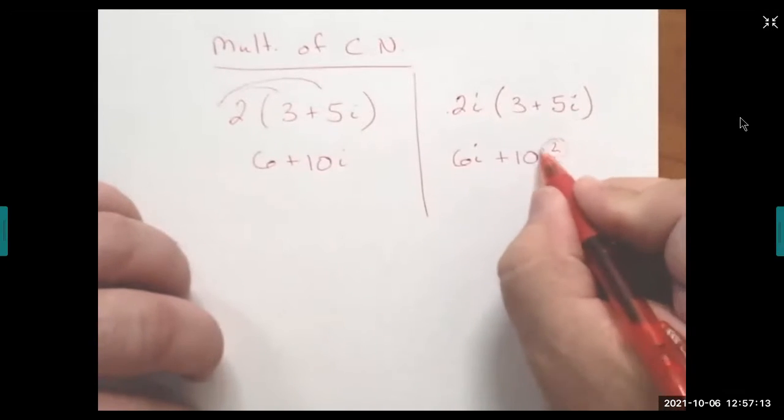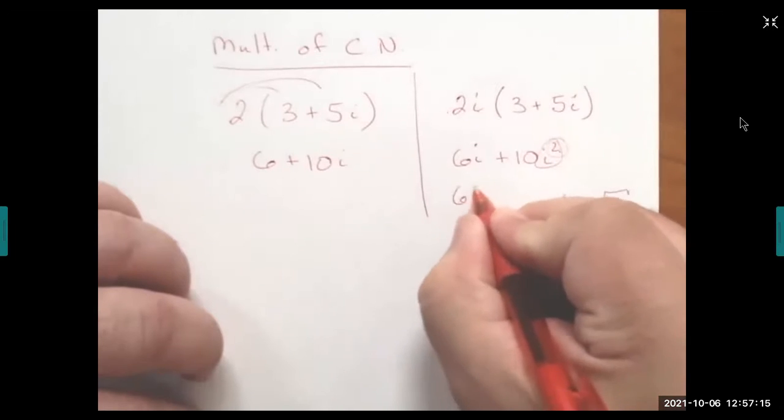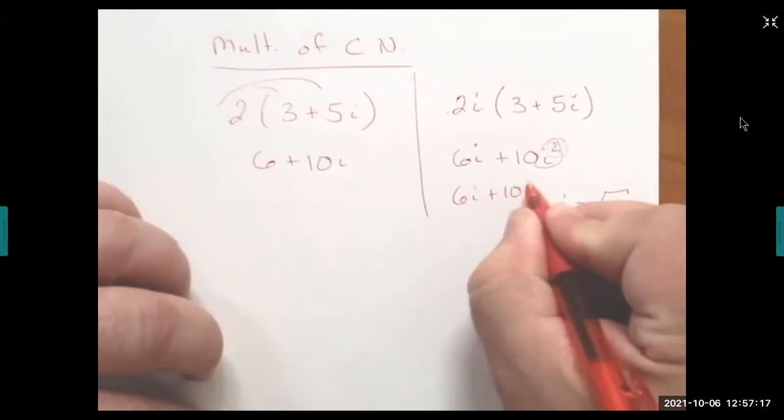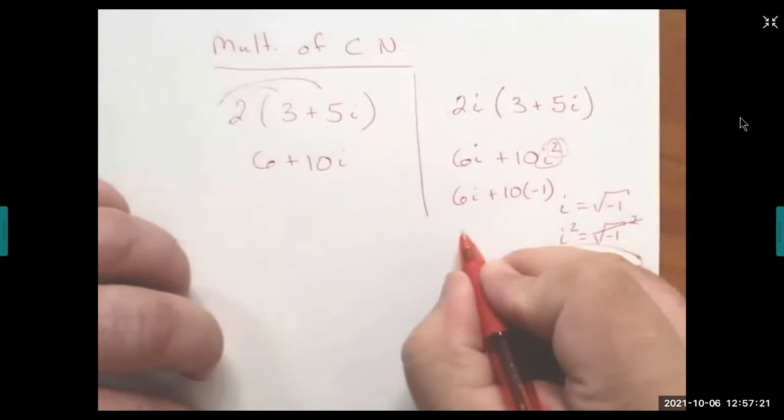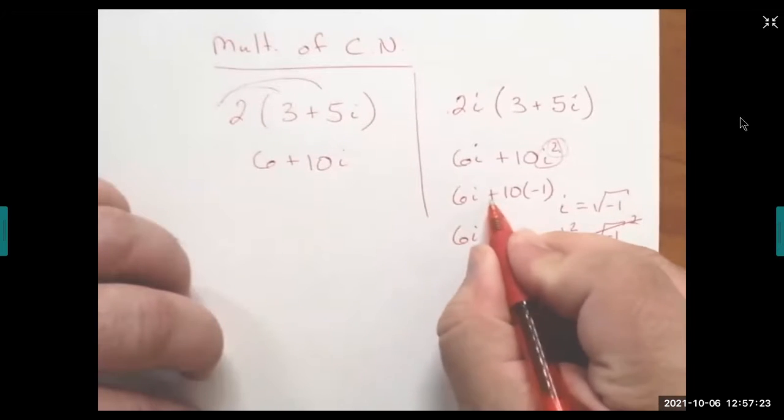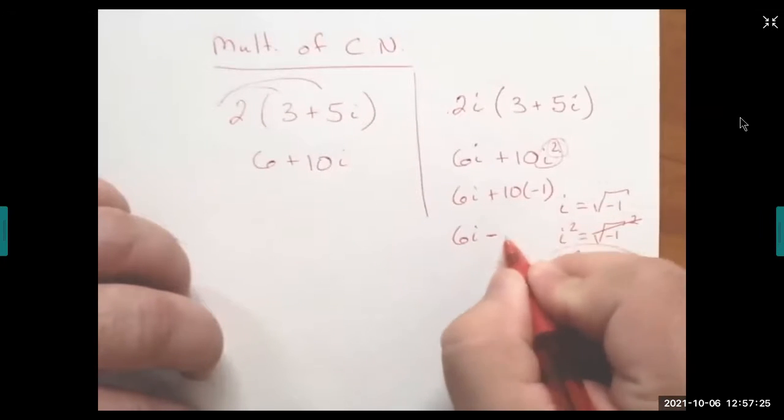So here we have 6i plus 10 times -1. Positive times negative is a negative. 10 times 1 is 10.